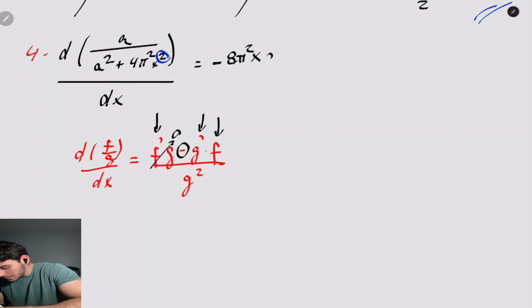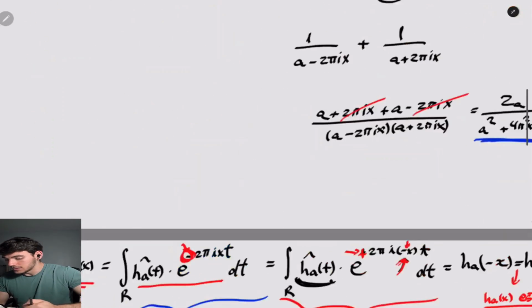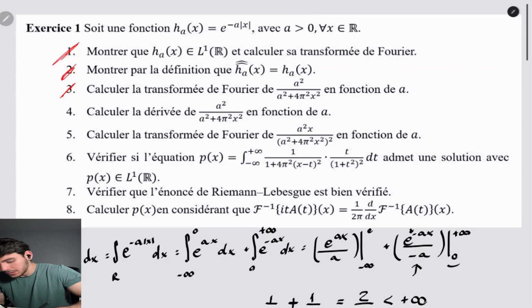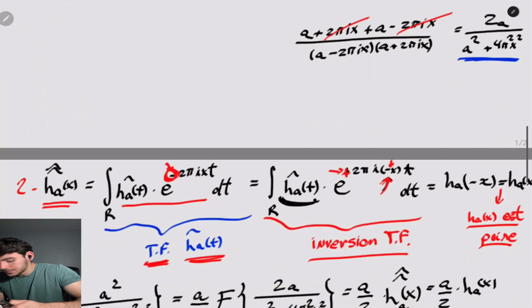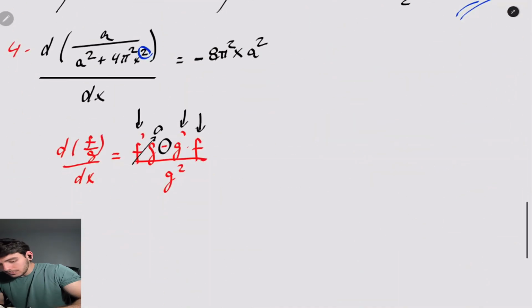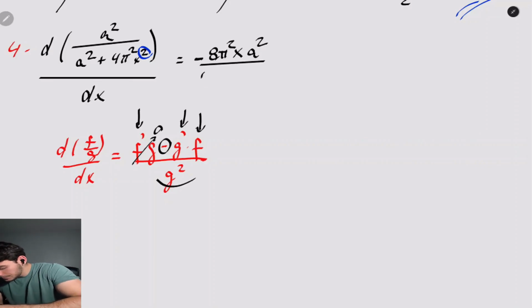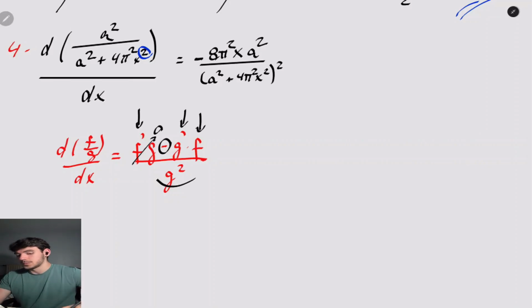So here we'll have a squared actually, because let me see the question again. Yeah, it asks for the derivation of a squared. I've written here incorrectly. It's a squared. So here, a squared. All right. And we are going to divide this by g squared. So a squared plus 4 pi squared x squared, all this squared. So that's the answer.